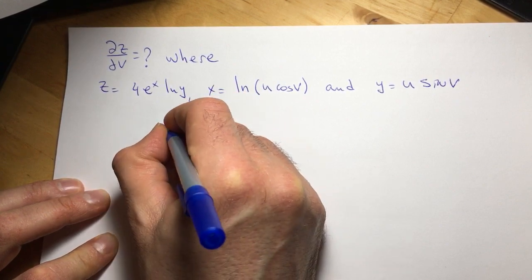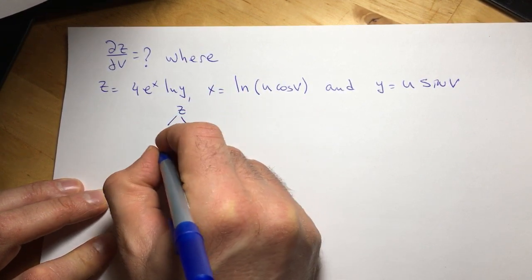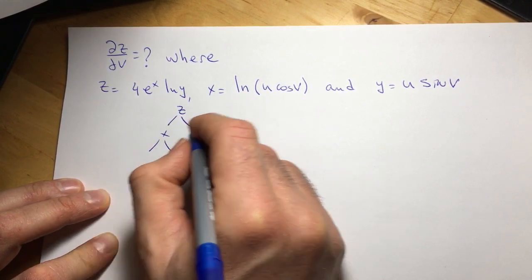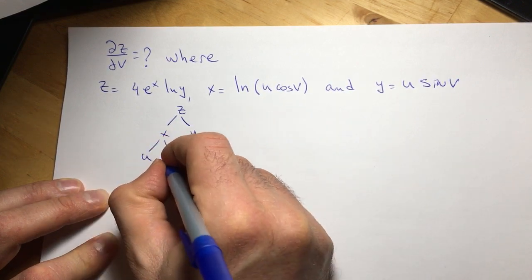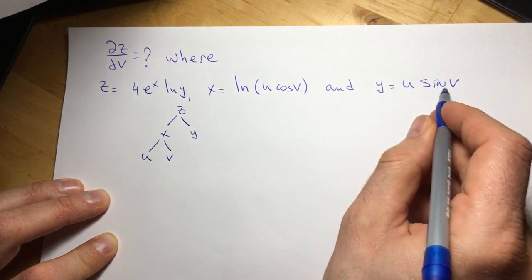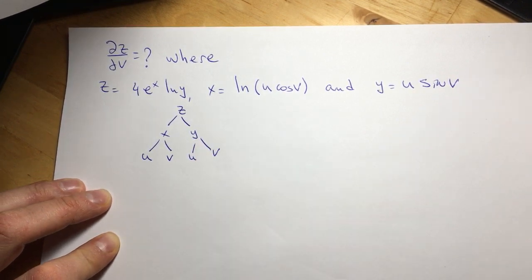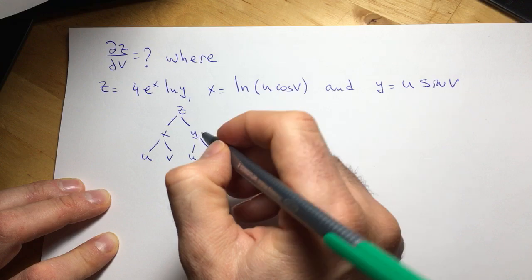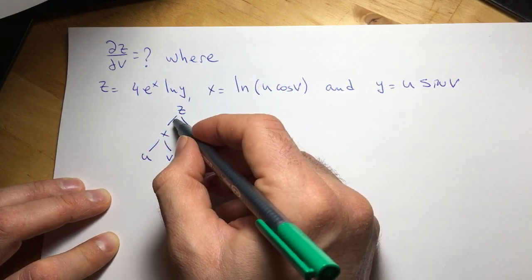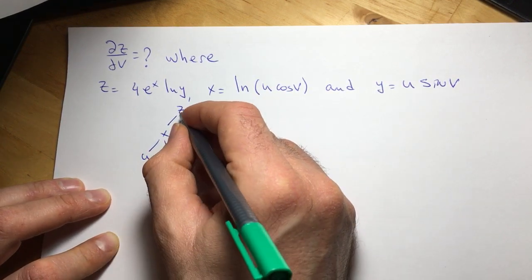So z depends on x and y, and x depends on u and v, and also y depends on u and v. Because I just want to find partial z, partial v, I look at my root for how to get to partial z, partial v.